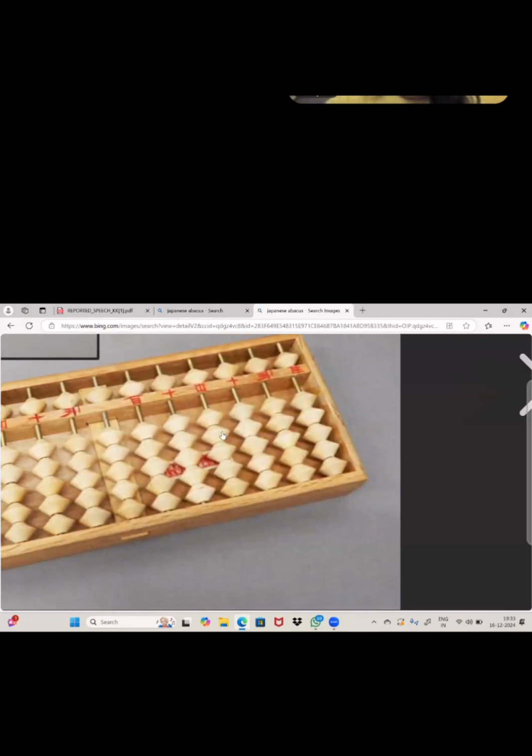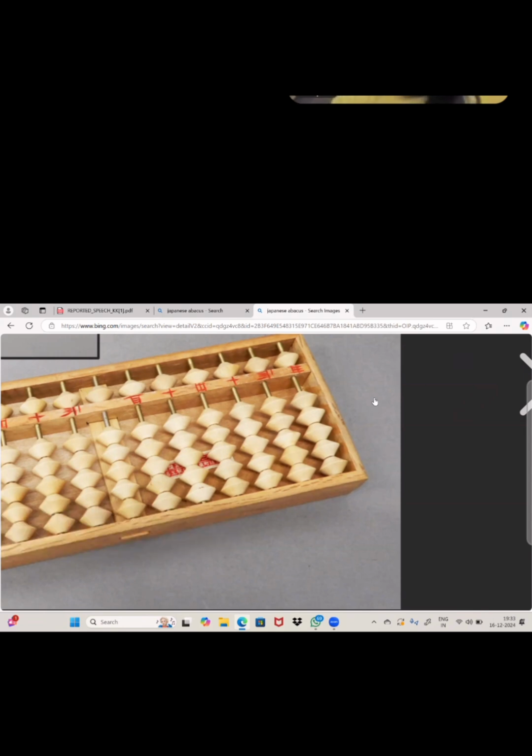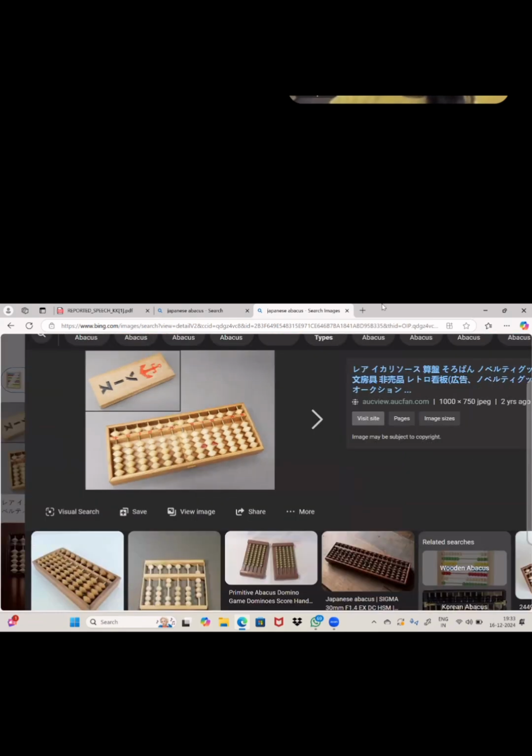If you see the picture of a soroban, there are 5 beads here. But in the abacus that we use, there are 4 beads, not 5, right?